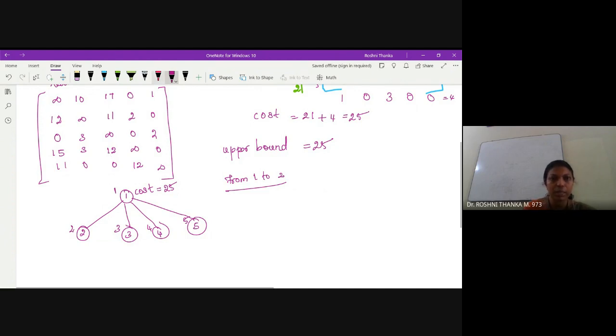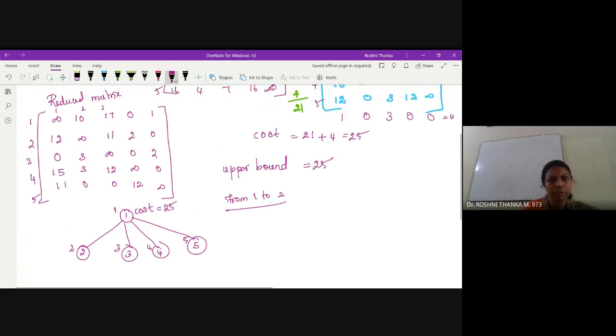This is our row number 1, 1, 2, 3, 4, 5, and these are the columns. This is our column number 2. We have to update this particular row and this particular column completely as infinity.